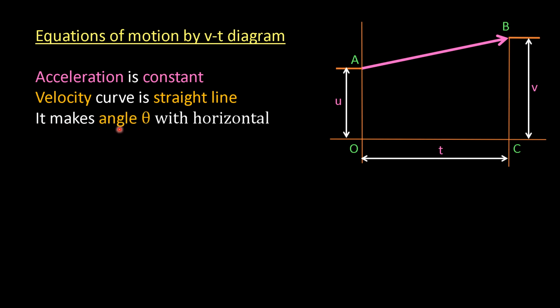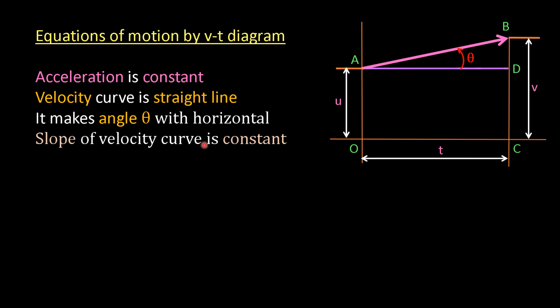The velocity curve makes an angle theta with the horizontal. The slope of the velocity curve will be constant and it will be acceleration A, and the slope will be given by tan theta. This is the slope of the velocity curve.